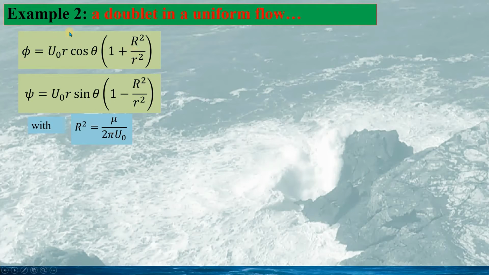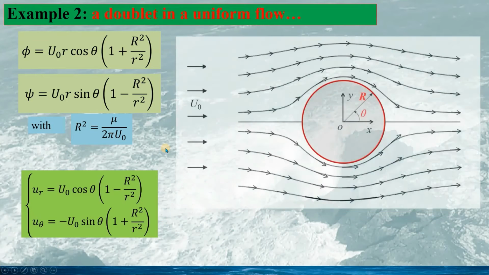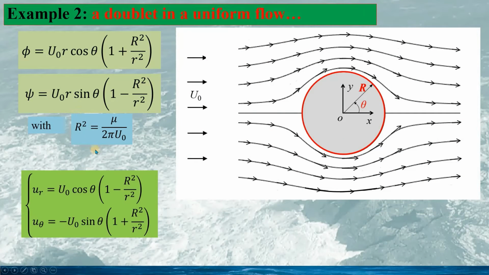Then we can see the expression here, capital R squared divided by r squared. The corresponding velocity components U_r would be given as this and U theta given as this. Then, based on the stream function or the velocity components, we can draw the velocity vectors in the field and the streamlines.